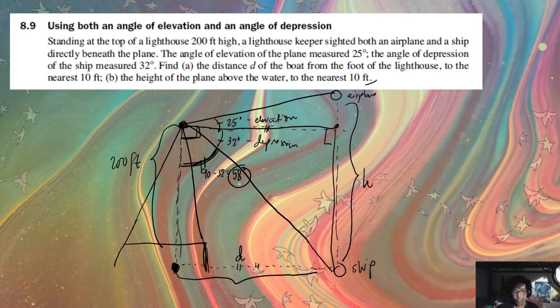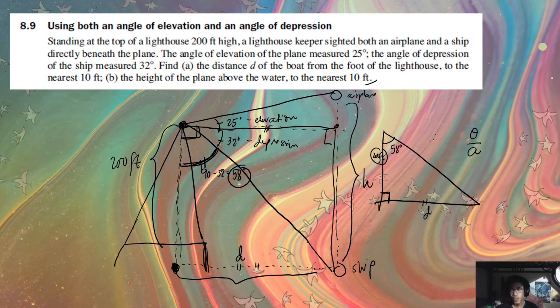If we draw the lighthouse and the angle here, this is 200 feet, this is 58 degrees, and this is the distance that we're looking for, in a right triangle.